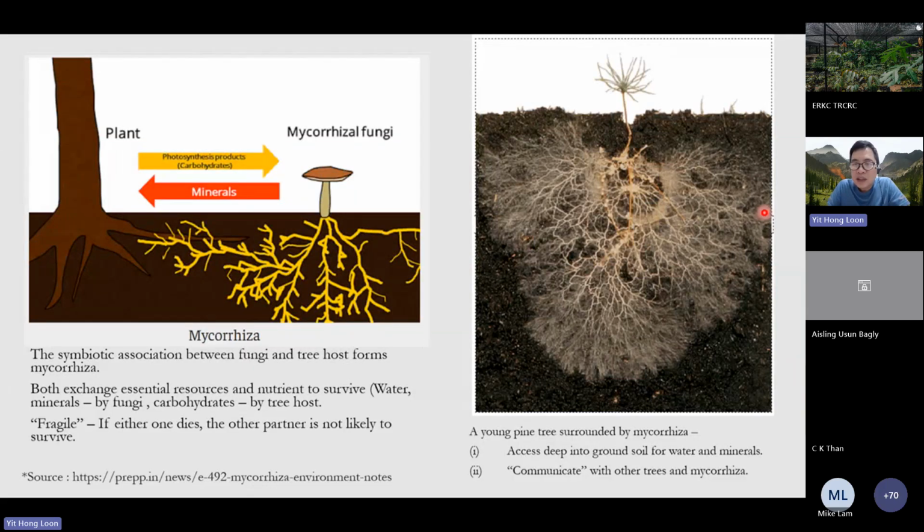Okay, this is a photo of a young pine tree. So you can see these are the roots, and the roots connect with a huge network of mycelia. You can see this mycelia goes deep under the soil, and it can cover a huge area.